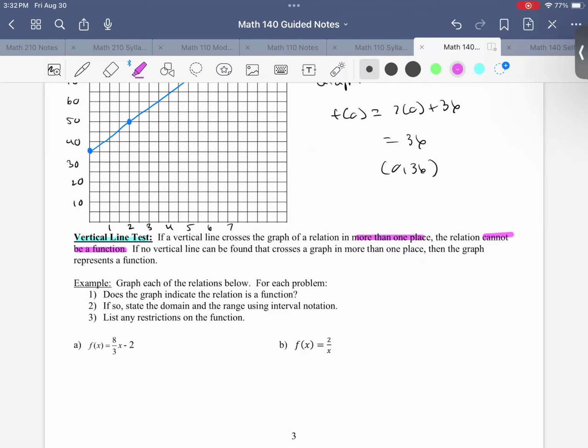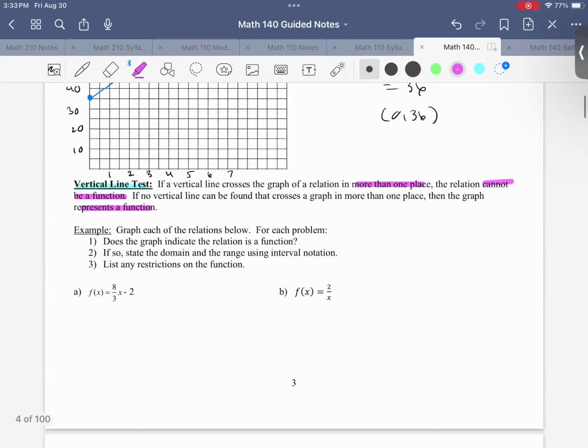If no vertical line can be found that crosses a graph in more than one place, then the graph represents a function. Okay, a visual representation of this might help.